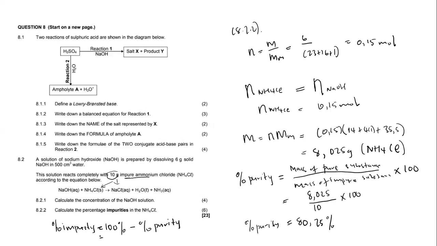In this case, we're going to say 100% subtract 80.25%, and therefore our percentage impurity is going to be 19.75%, and therefore this will be our final answer.